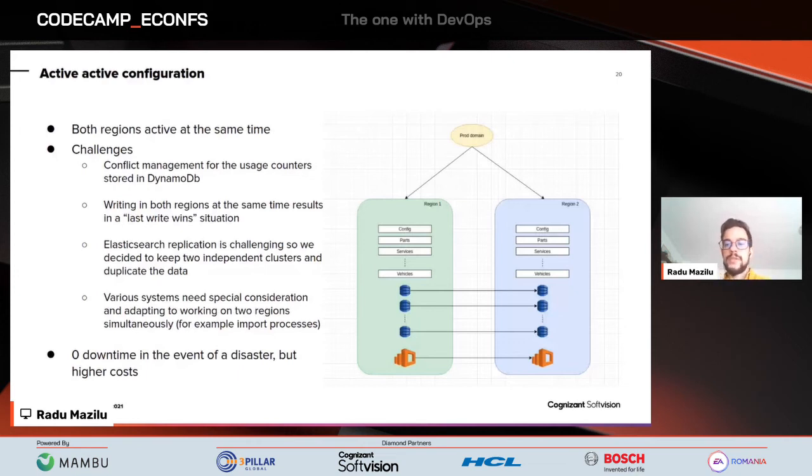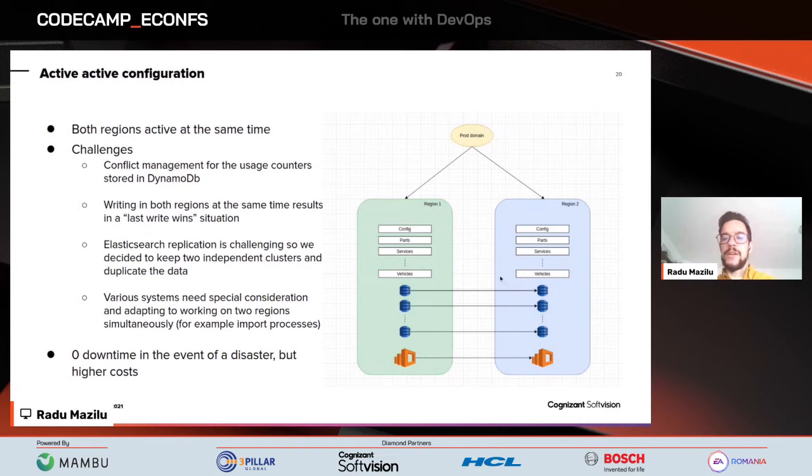However, between regions, there's no such guarantee. So if you write to both regions at the same time, the database servers in the background will have to synchronize, and at some point they'll have a conflict, and region 1 will say, okay, so this counter is 2, and this one will say, no, it's 4. And who wins? Well, it's kind of hard to decide.